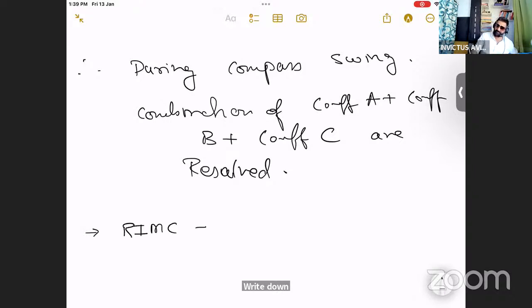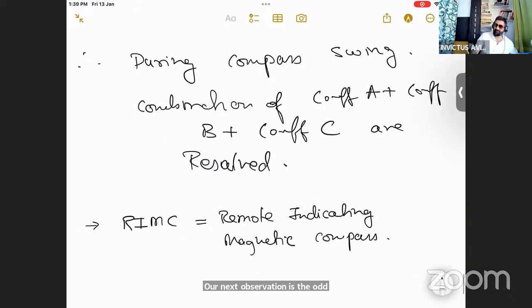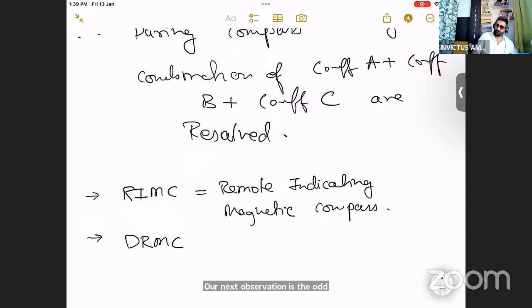The abbreviation means remote indicating magnetic compass. And next abbreviation is DRMC. Direct reading magnetic compass.